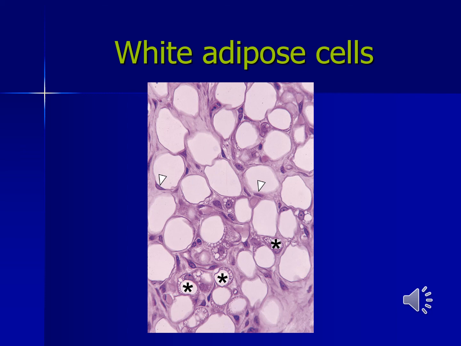This is a photo of a histological specimen after hematoxylin and eosin staining, and you can see light white, non-staining areas. It is the area of the lipid droplet in the adipocyte. It forms after hematoxylin and eosin staining because the alcohol used in the process removes fat, and as a result there are white, empty areas in the cell.